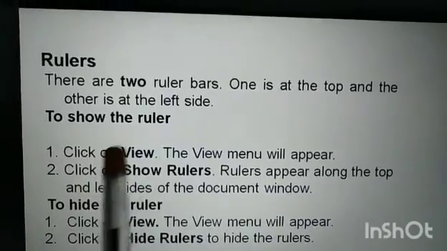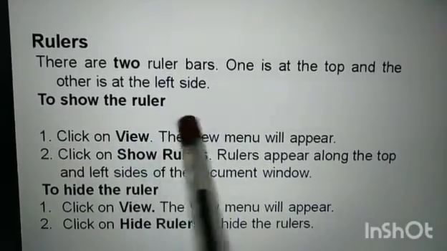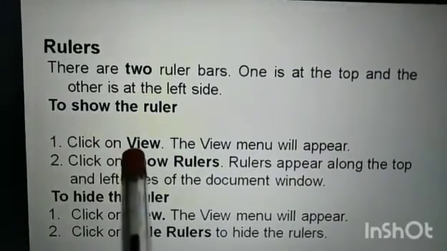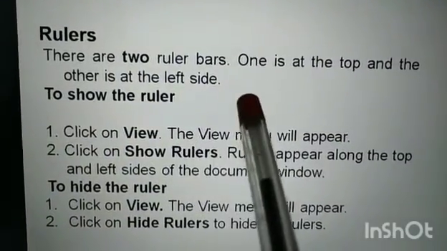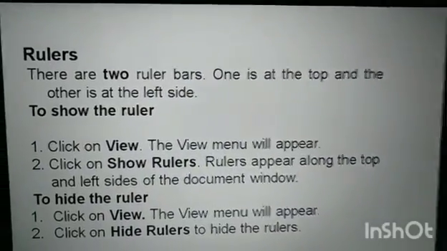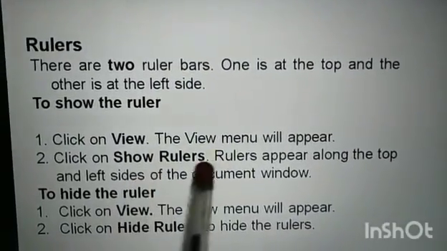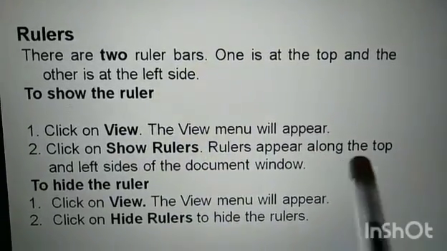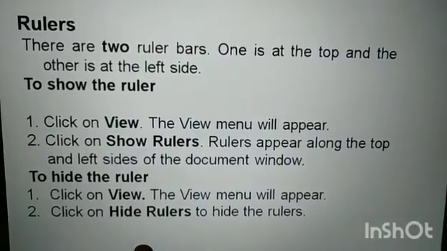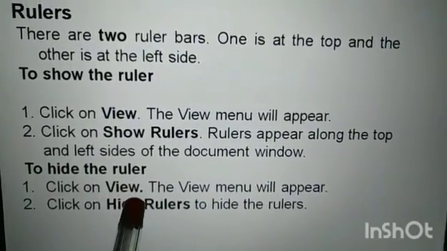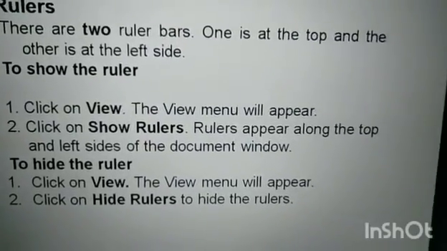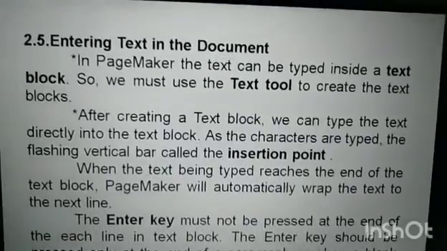If it is not available in your window, just click the View menu in your window and click Show Ruler. The ruler appears along your document window. Otherwise, if you want to hide the ruler, select the View menu and click Hide Ruler to hide the rulers. Okay.